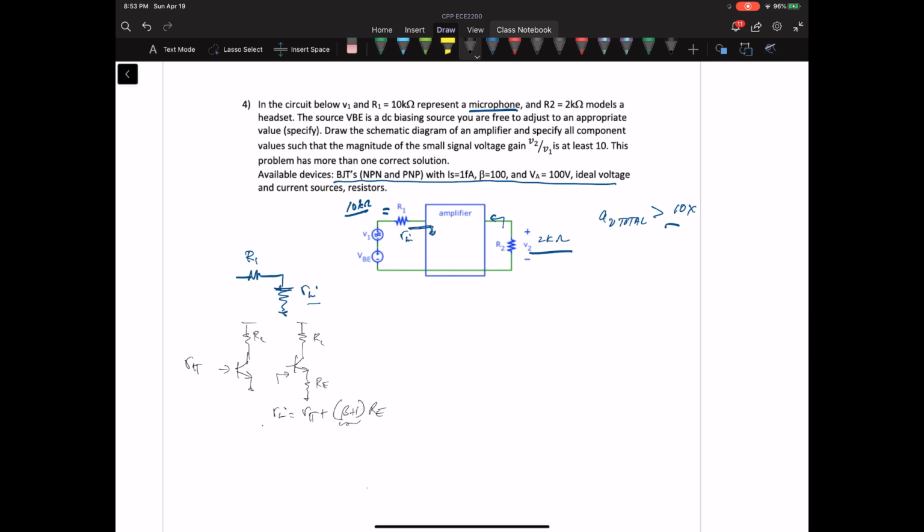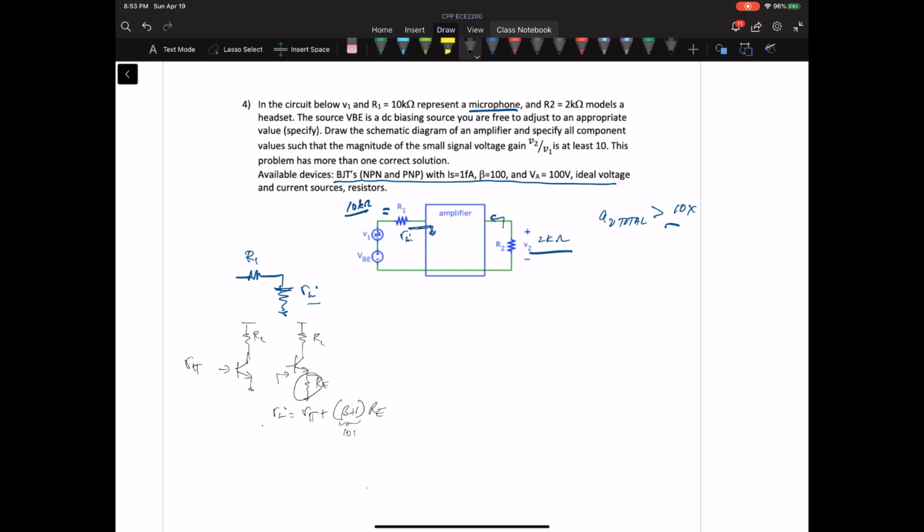Now this beta plus 1 is already like 101. Notice beta is 100. Times r sub e, which, for the sake of discussion, is on the same order as r sub pi. So the input resistance of a degenerated common emitter amp is much higher than a common emitter amp.